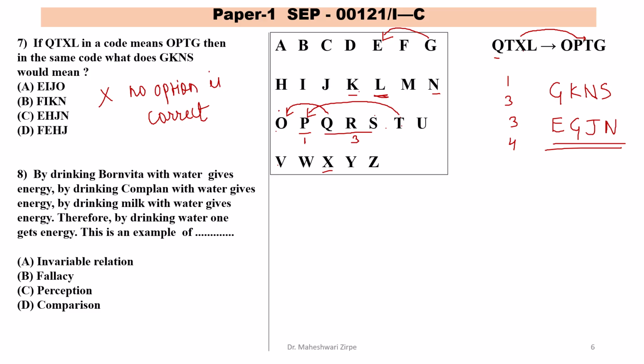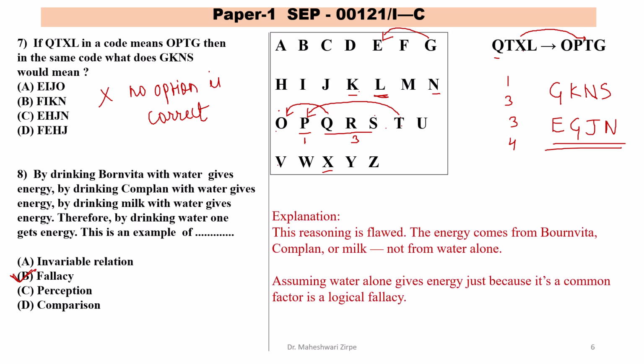As we know that this is nothing but a falsy example statement, because we cannot assuredly say that energy comes from water alone. We know that we can get energy from Complan, the additives which are added to the water, and assuming water alone gives energy just because it is a common factor is logically wrong.